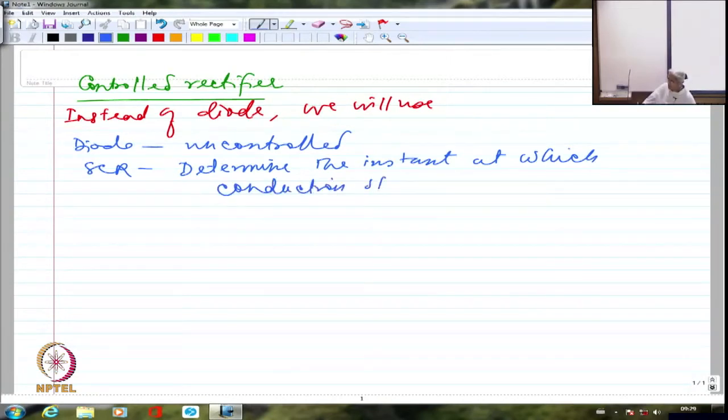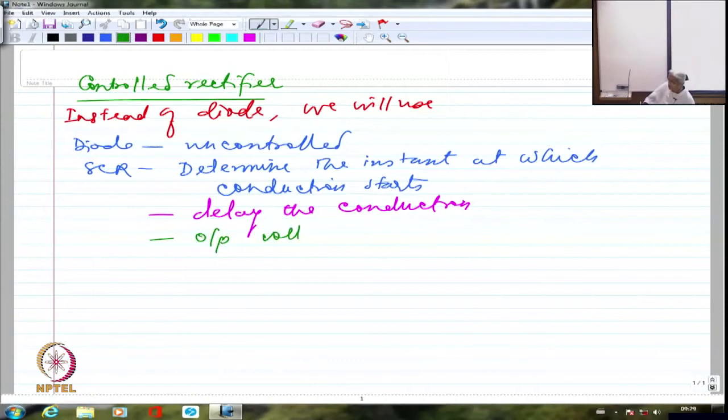So we would be able to delay the conduction, because of which the voltage will get varied. So we are essentially intending to delay the conduction, so the output voltage can be controlled. Output voltage, what I mean is DC voltage, can be controlled.